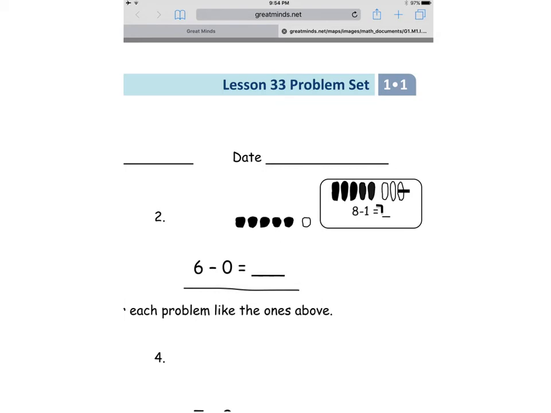So we're pretending that we have those beads still from my bracelet, and we have a group of 5 red beads, but we have to have 6 because we're solving 6 minus 0. Well, if I have 6 beads like I do here, and it's minus 0, I'm not going to cross any of these beads out because I'm not going to take anything away. So 6 minus 0 is going to be 6.